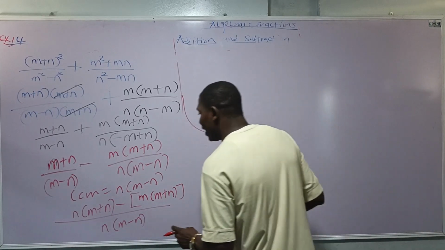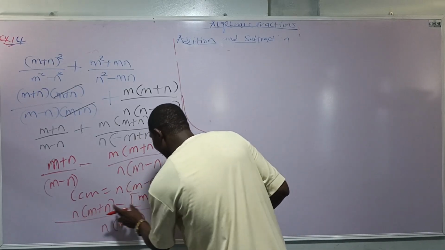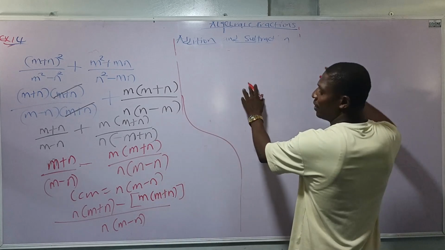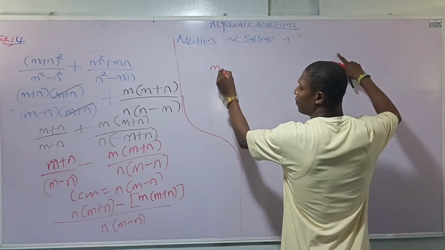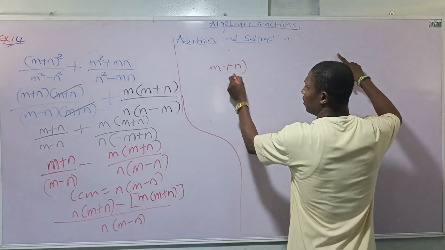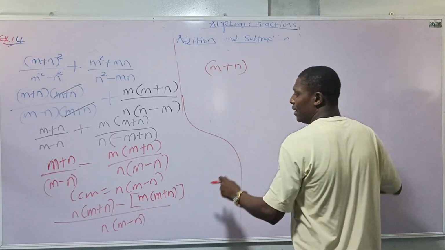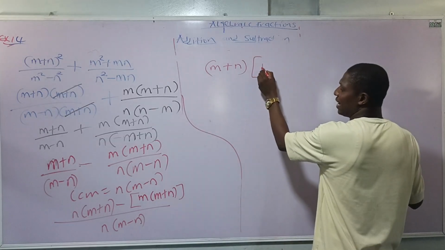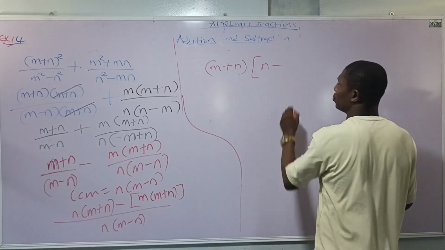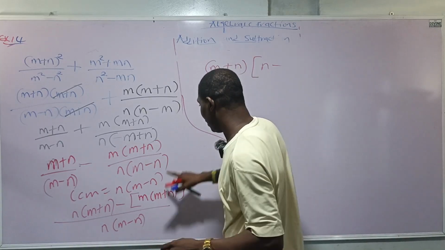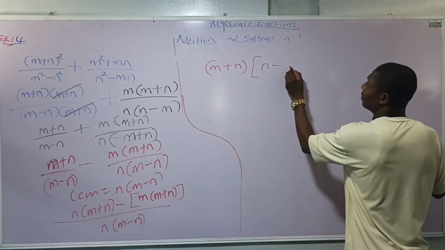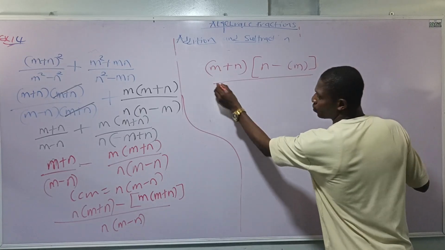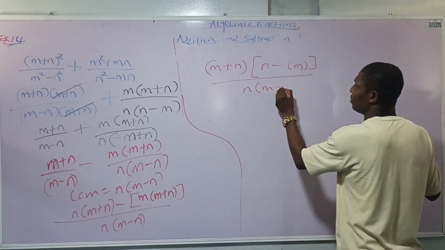Now we can see that m plus n is here, m plus n is here. They are therefore common. I'll bring it out. I'll have (m plus n) in brackets. If that divides this, I will have n left, minus. If this divides this, I'll have m left in brackets, m, which can be opened if I choose to. n(m minus n).